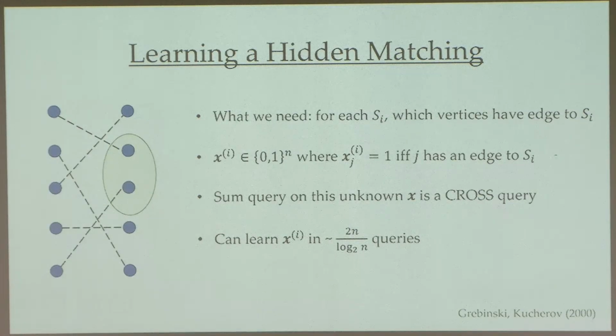And now this Lindström-Cantor-Mills algorithm says I just need 2n over log n sum queries on the left. So I can learn this vector xi in 2n over log n queries. This is for one fixed set. There were log n sets. So in total, I can get the whole information that I need to reconstruct the graph in 2n queries.